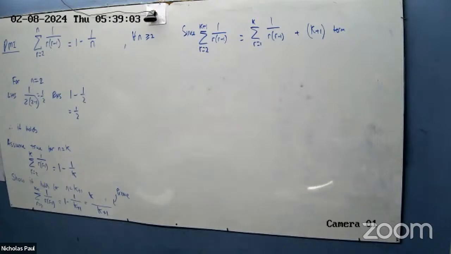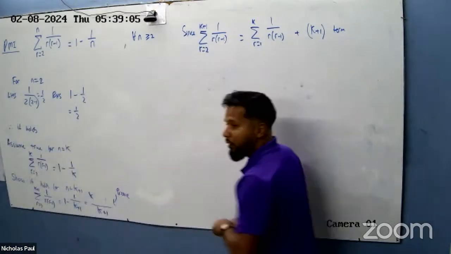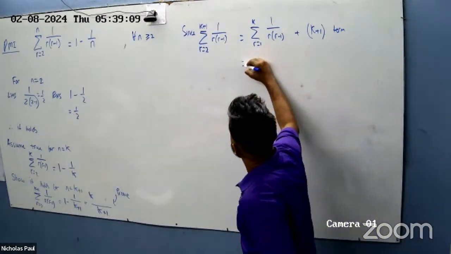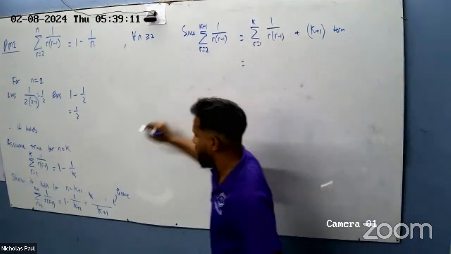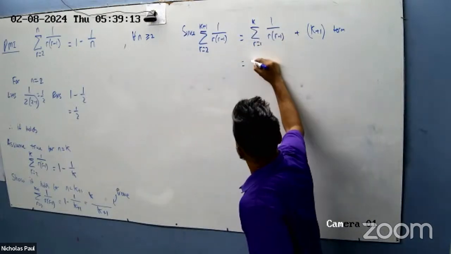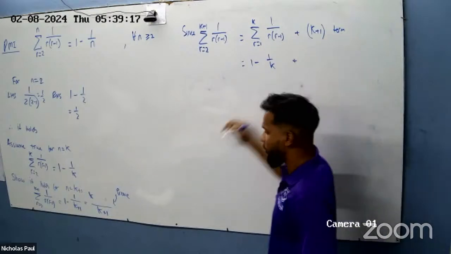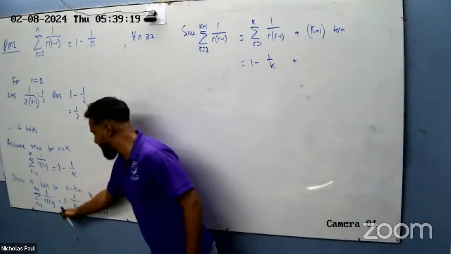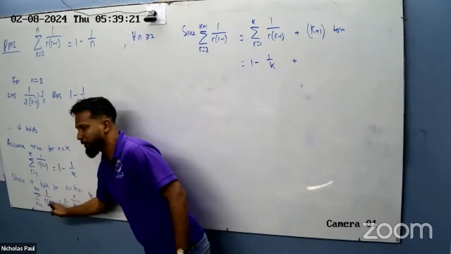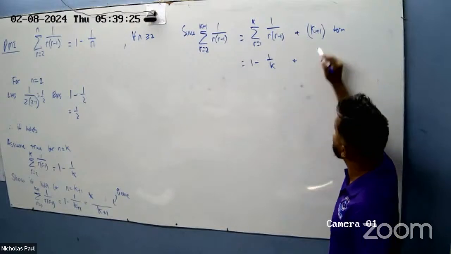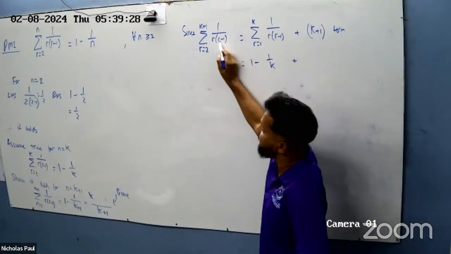All right, so the main mistake is this here. You got that part right: that's 1 minus 1 on k. But the k plus 1 term is not this. This here is the sum of all of this. If you want to get the k plus 1 term, put k plus 1 here and here.